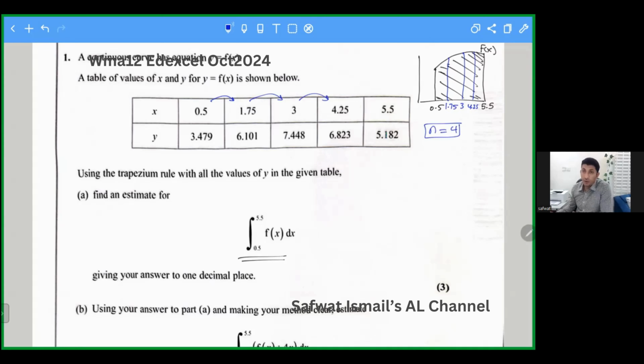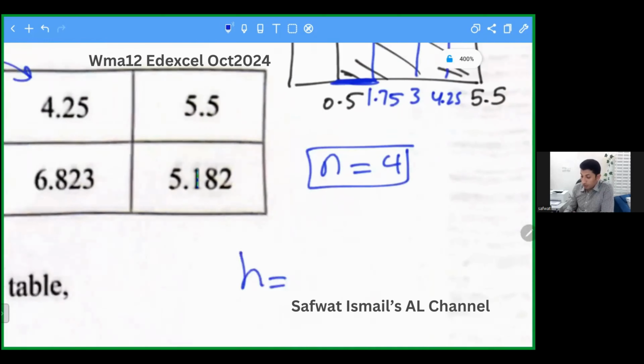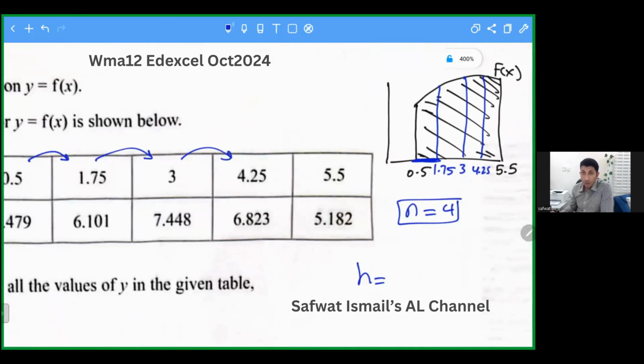Second step is to find the height of each trapezium. And the height of each trapezium, you can spot it directly from the difference between the x values, like 1.75 minus 0.5, which is 1.25. Or you can take the whole distance from the first x to the last x and divide that by n, which is 4.